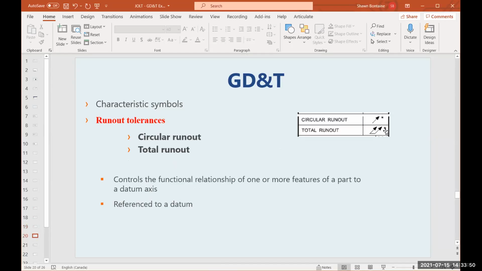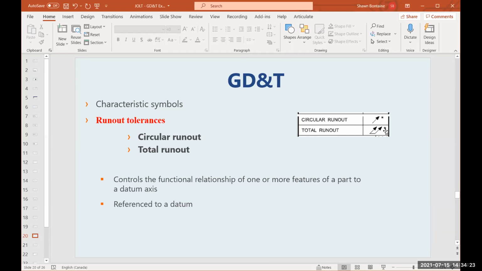Lastly, our runout tolerances. We have circular runout and total runout. Runout tolerances are a surface to axis control. You've got a step shaft. You're talking about the surface of your feature compared back to the axis established by your datum. Circular runout is surface to axis, but it acts at any individual cross section. So at any given cross section, it talks about the surface condition, giving us a combination of roundness and off-center condition.